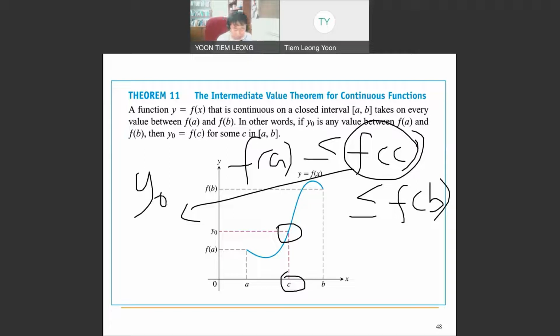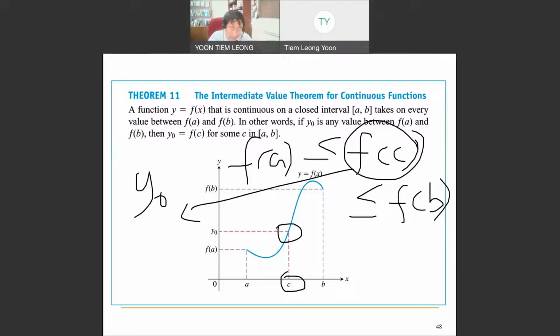Okay, so let me read out the theorem so that you can understand it more slowly. A function y equals f(x) that is continuous on a closed interval a and b takes on every value between f(a) and f(b). So this is just the definition of a continuous function.